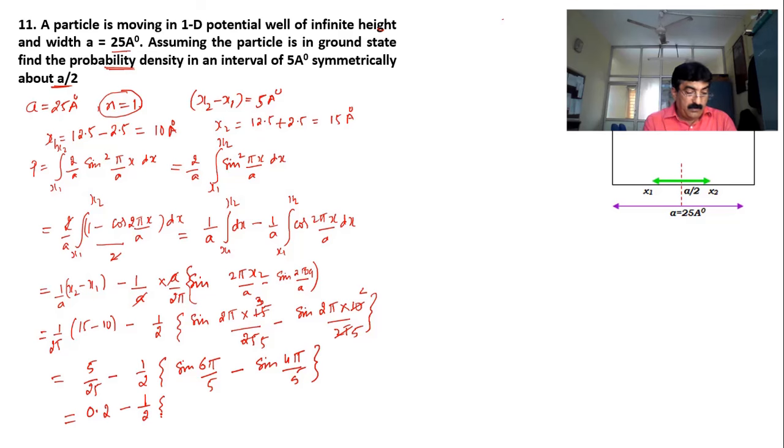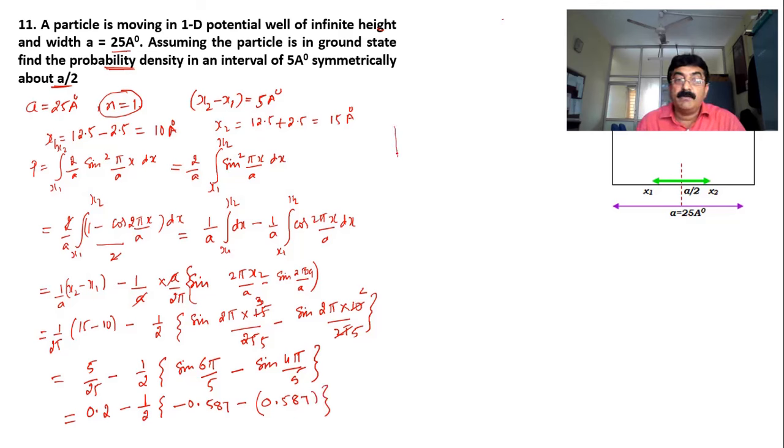Press sine, open bracket, 6 into 3.14 divided by 5, close the bracket. It comes out to be minus 0.587. Then sine, open bracket, 4 into 3.14 divided by 5, close the bracket. It comes out to be plus 0.587. So this is what I got.